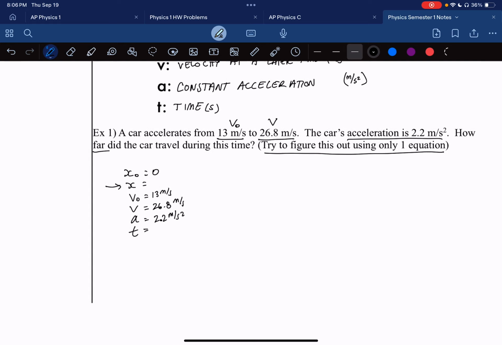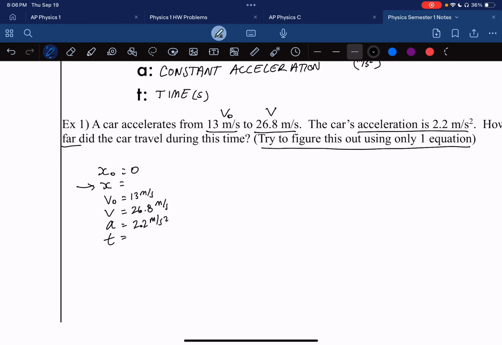And so this will be our practice for it. We shouldn't be scared. We shouldn't be afraid of that third equation. Oftentimes, it's very useful, and it's very fast to use sometimes. And so we're trying to solve for x in this equation, but trust me, it's not so bad.